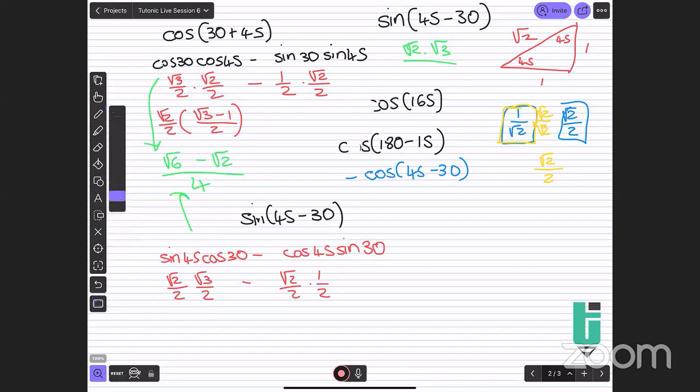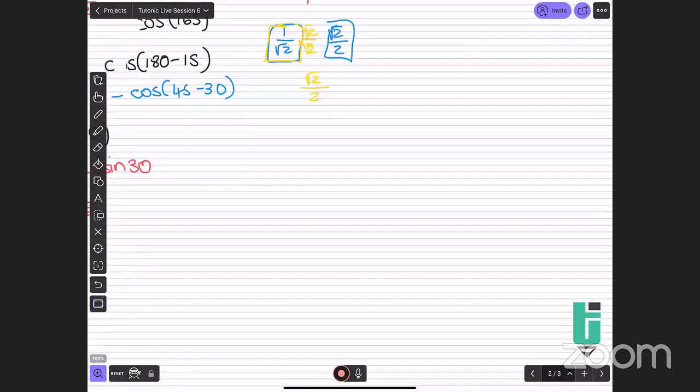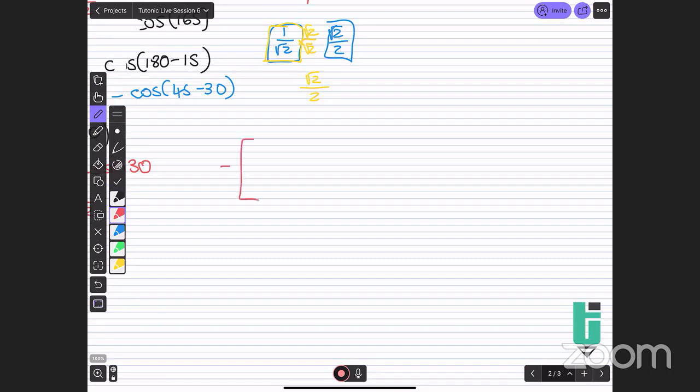Let's do cos 45 minus 30. So it's cos 45 cos 30, but there's a negative sign there. Sorry, so negative cos 45 cos 30 plus sine 45 sine 30.